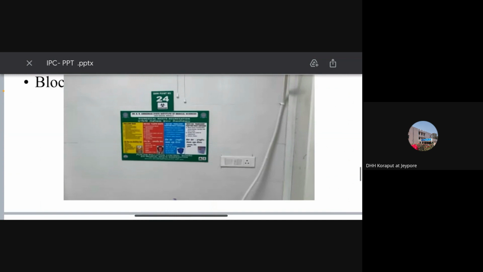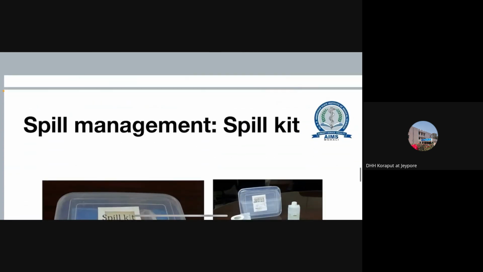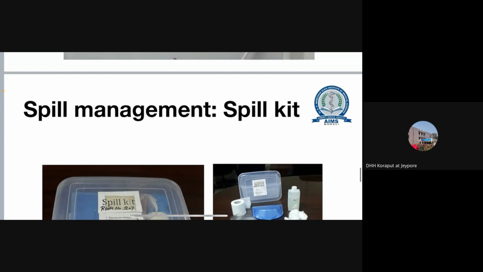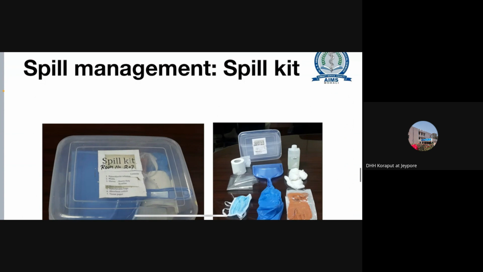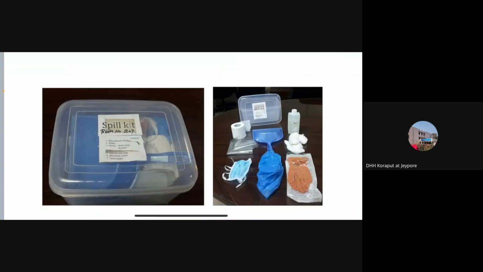So after hand hygiene, PPE, and biomedical waste, number four in infection prevention is spill management. If there is any blood spill on the floors, or some vomit or body fluid spillage, then a spill kit should be available in the institute.